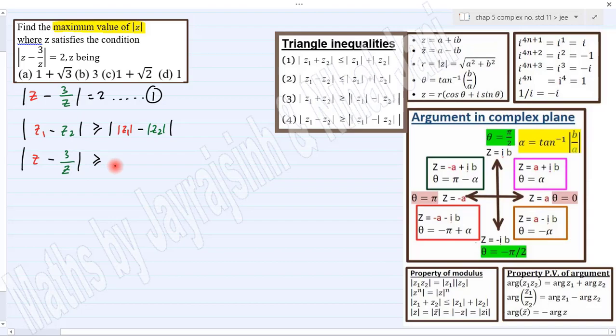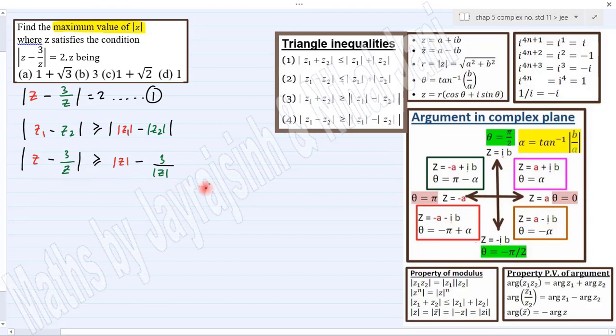which should be greater than or equal to modulus of z minus modulus of 3 by z. We assume that mod z is greater than 3 by z. If we take the individual modulus, we will get mod 3 equal to 3, and in the denominator we will get modulus of z.